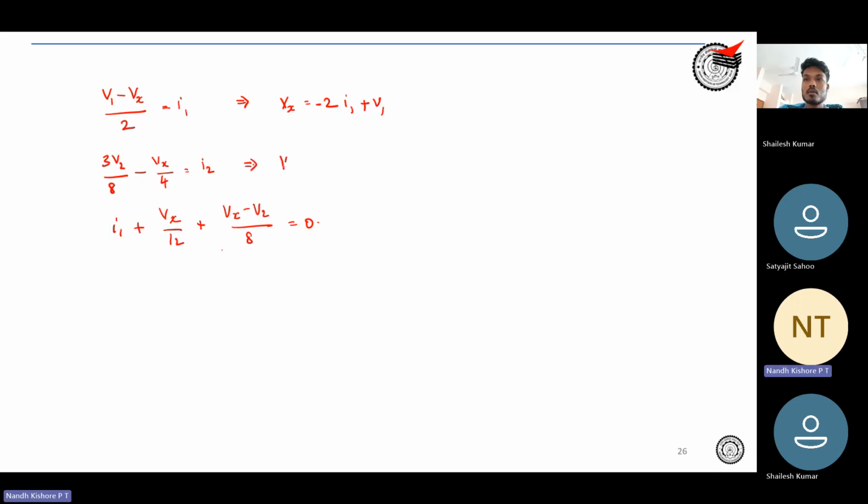And in this expression, Vx is basically I2 minus 3V2 by 8, into 4. Yeah, so this is your Vx.